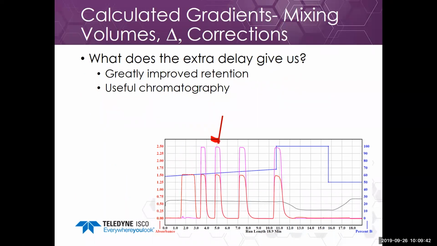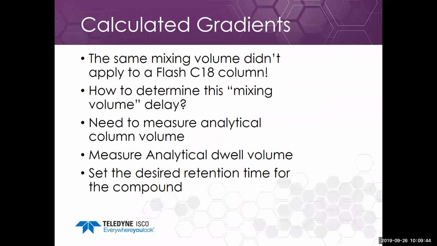So what's the problem with that? It works. Well, the problem is that this mixing volume didn't apply across all chromatography systems. In this case, I used a flash C18. If I were to apply it to a different preparative HPLC, I would have to determine the mixing volume, or the delta, or whatever you want to call it, again. The other thing is how to determine this mixing volume.